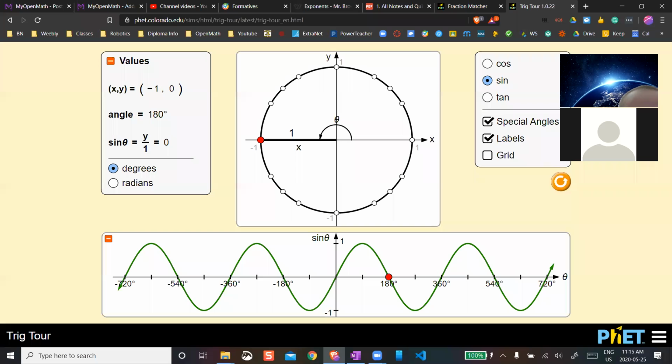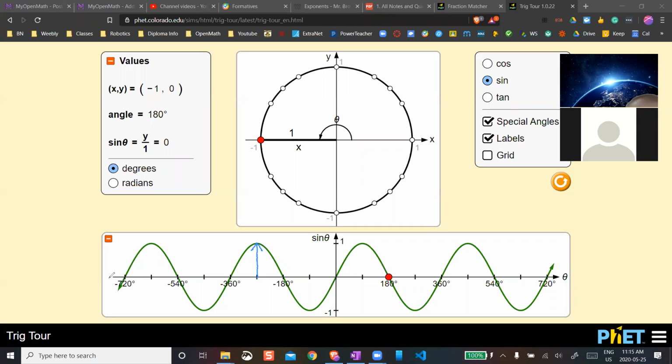Amplitude is how high are we from our midline, from the middle there, right? So our amplitude in this case is going to be 1. I know it could be -1 as well, but it's actually the absolute value of it, or the magnitude, you'd say in physics, right? So your amplitude in this case would be 1.